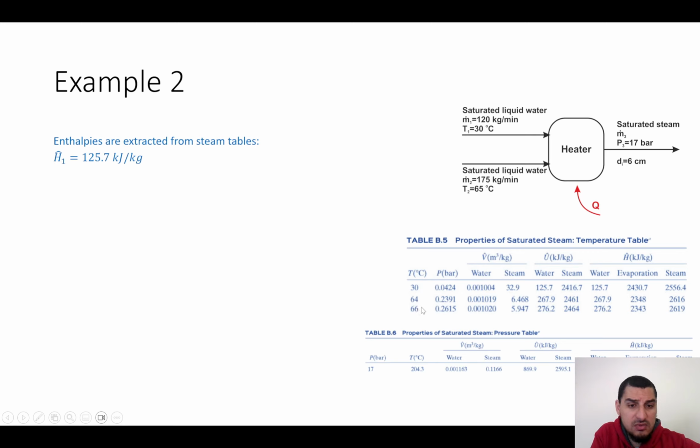For these two enthalpies, of course, it's liquid water, so it's 267.9 and 276.2. So it's going to be in between. So we can do interpolation, and we'll find the value to be 272.05, which is an average value between these two numbers.